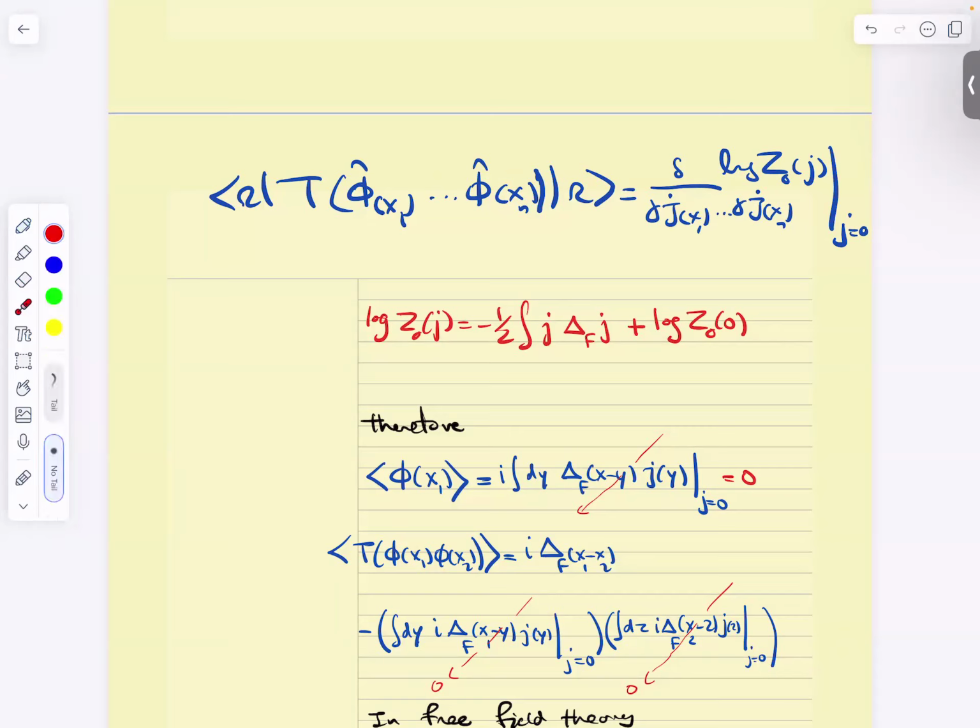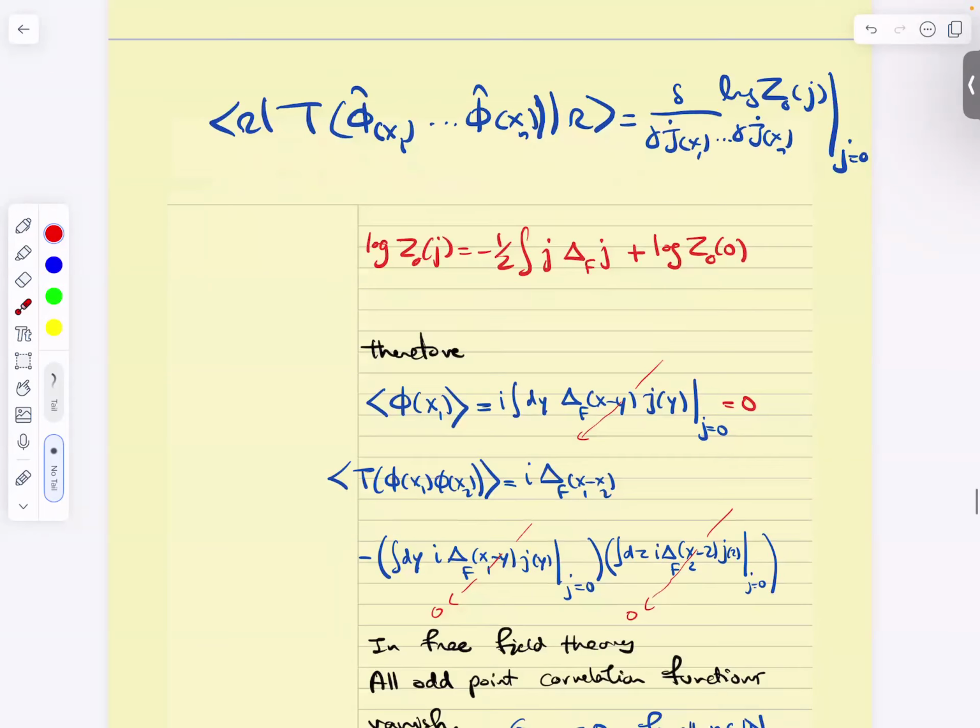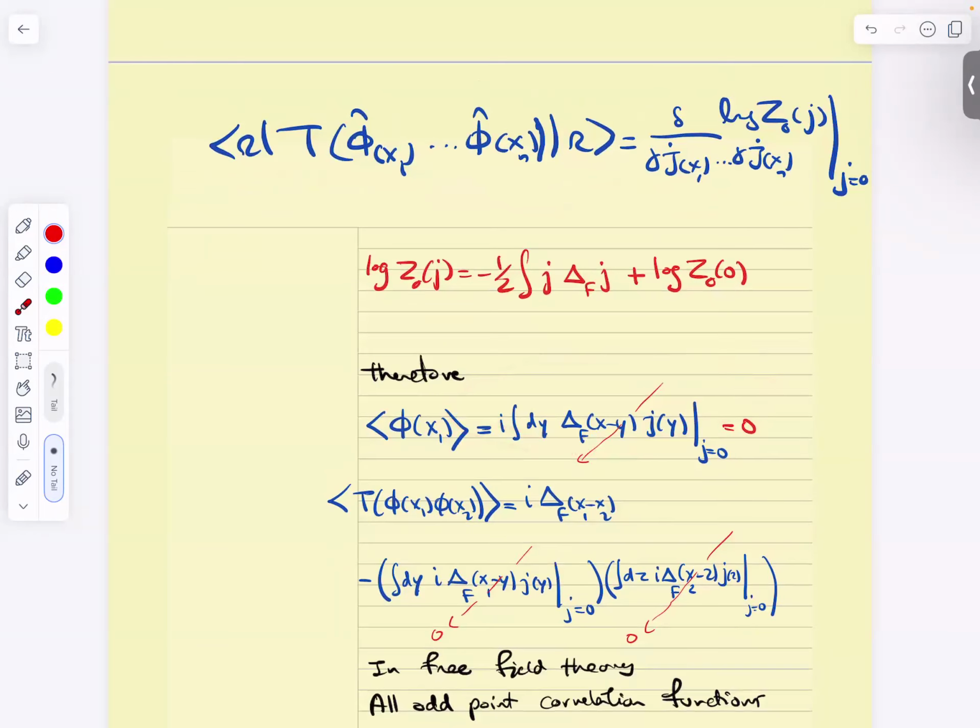What do you get when you take one derivative with respect to J? Well, the expression is second order in J. If you take one derivative with respect to J, you end up with delta F J. J survives. When you set J equals 0, it gets 0. Can you instantly generalize? If you have n operator insertions, well, we'll get there. Okay, so that's the 1-point function.